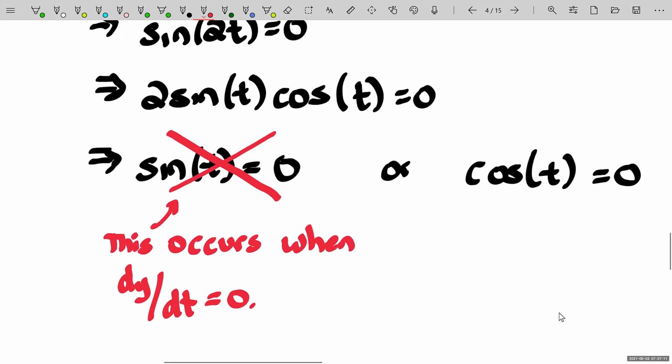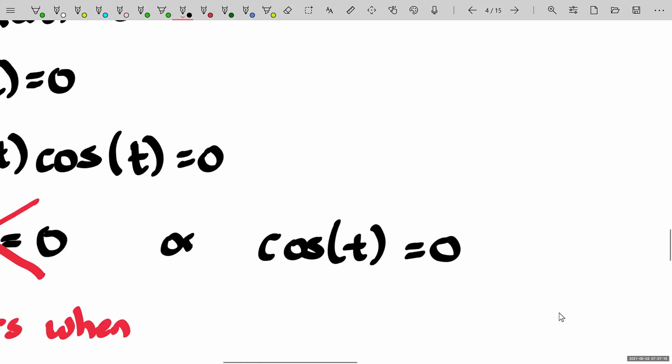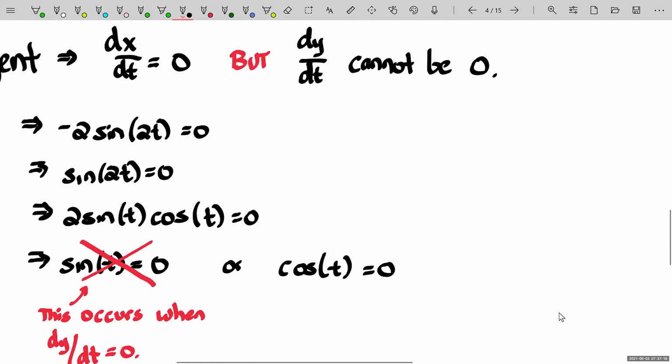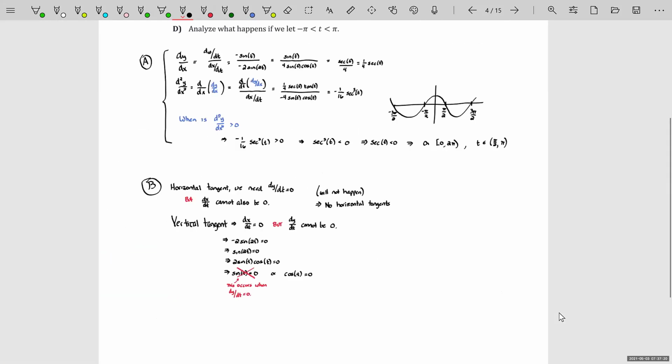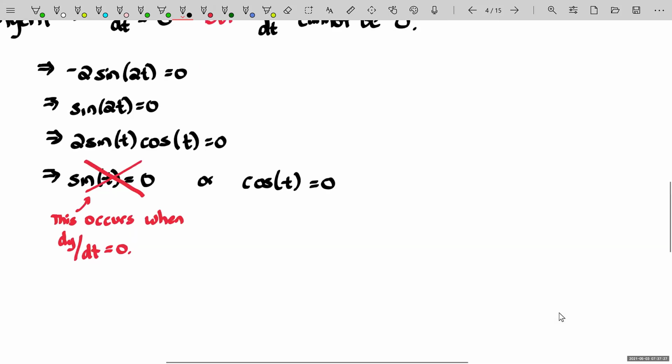But cosine of t being 0 is fine. The numerator, dy/dt, is not 0 when the cosine of t is 0. It's 0 when the sine of t is 0. As long as we don't have sine of t being 0, we're okay.